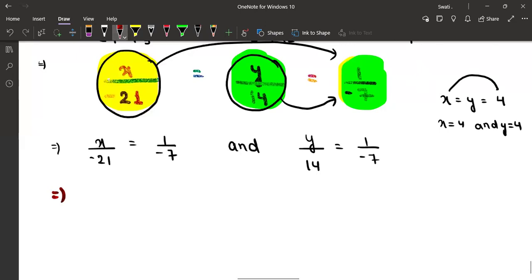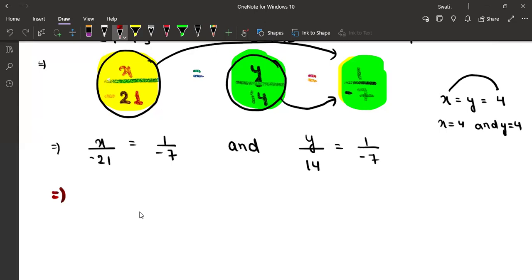You want x, right? So don't you think you will be shifting -21 to the other side? So what should be the next step? Okay, but Manya, here forget about the minus sign.